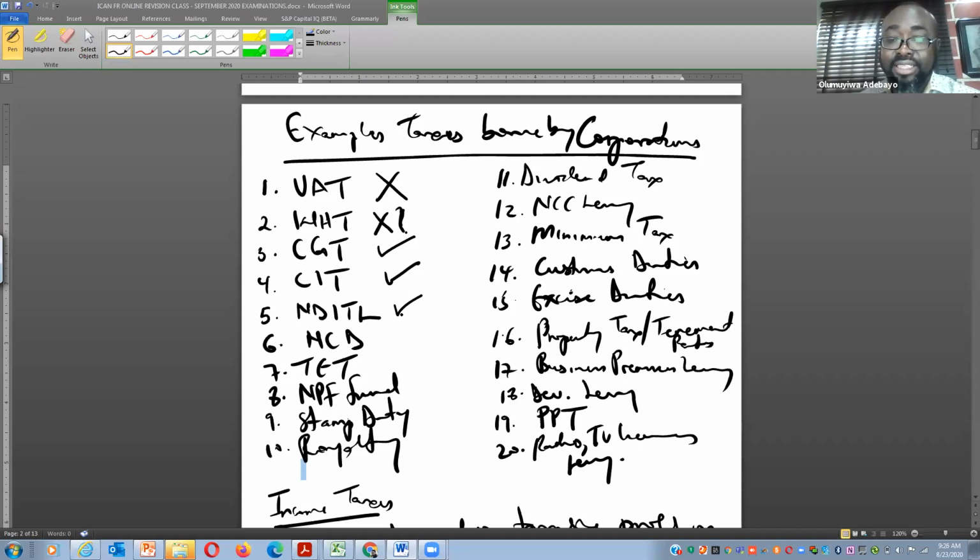Now, NCD is based on the value of contracts and dealings with upstream entities based on local content. And that is not an income tax because it's based on what is not profit. Tertiary education tax is based on assessable profits. Therefore, it's an income tax.